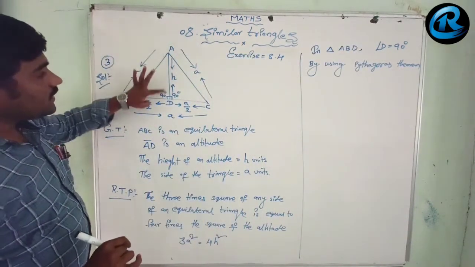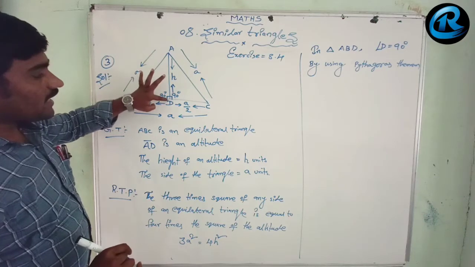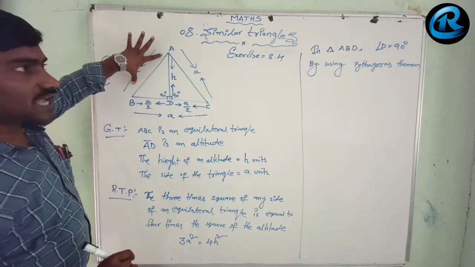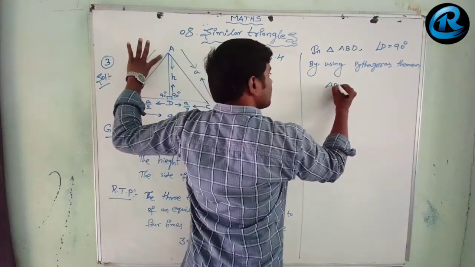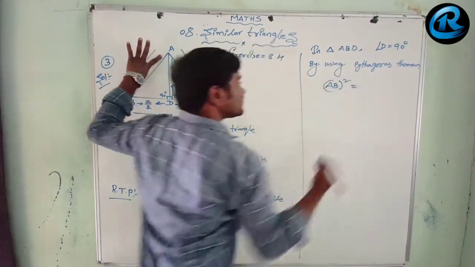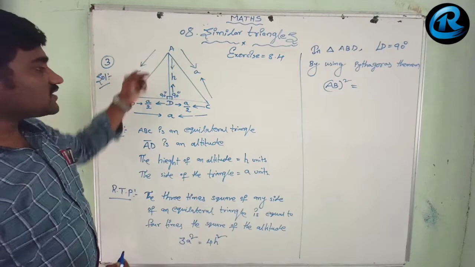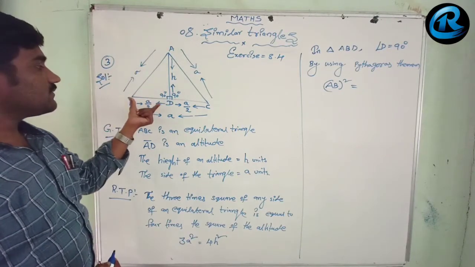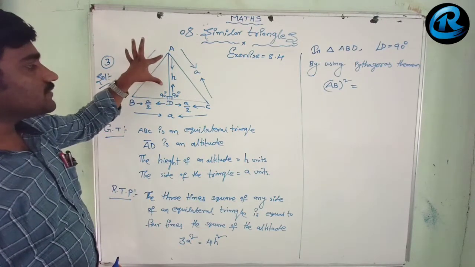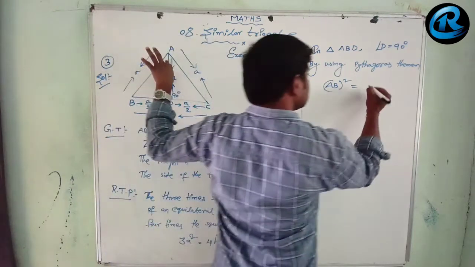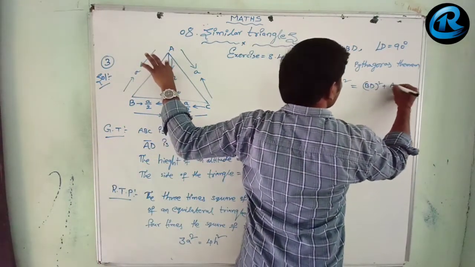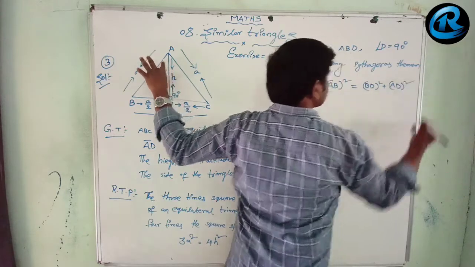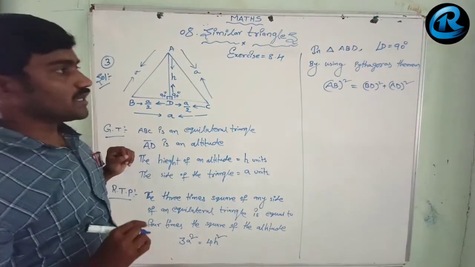See here in ABD triangle, at angle D 90 degrees. So AB is a hypotenuse, square of the hypotenuse, that is AB square, equal to sum of the squares of other two sides. That means BD square plus AD square. Now let us substitute that.